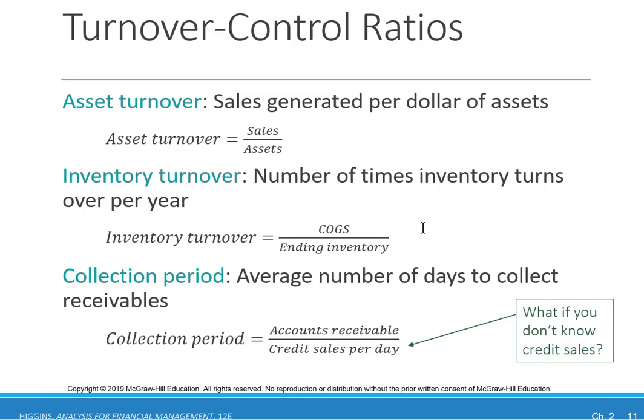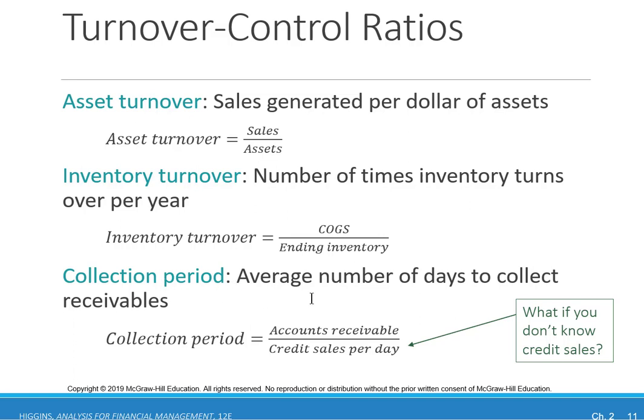I think this is a little bit of a difficult number to envision. We have another version of this that's referred to as days carry inventory. So we're going to divide this number into 365 so that it breaks down into days. We'll see that formula a little bit later.